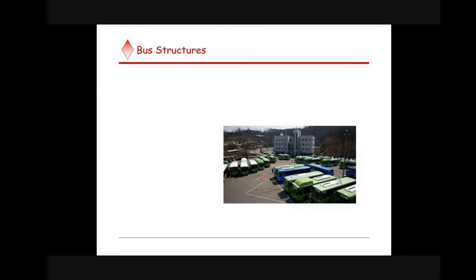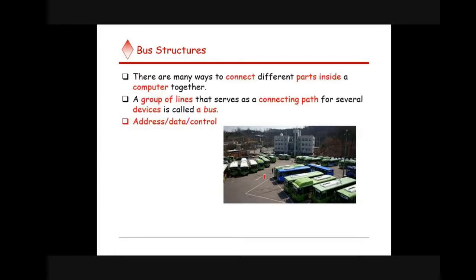These units should have a connection between them, and that connection should happen through a bus structure. A normal bus takes passengers from one place to another. In the same way, data will be transferred from one functional unit to another through a set of wires, and that wire structure is called the bus structure.